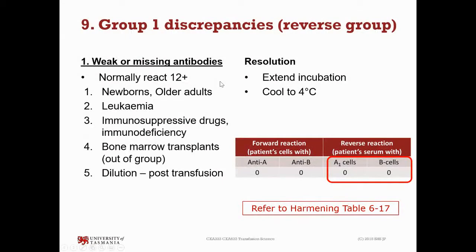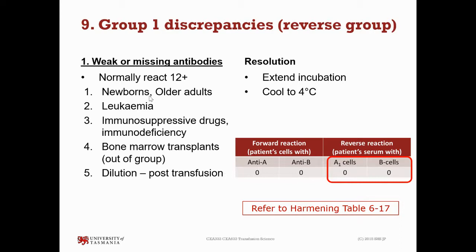So we find weak or missing antibodies in newborns. So why do we find them in newborns? I think Z already answered this a little earlier. Until 6 months, they are not formed yet, some antibodies. Lovely, thank you.